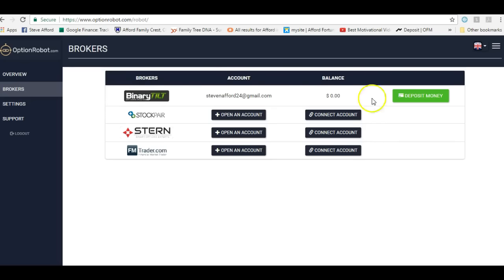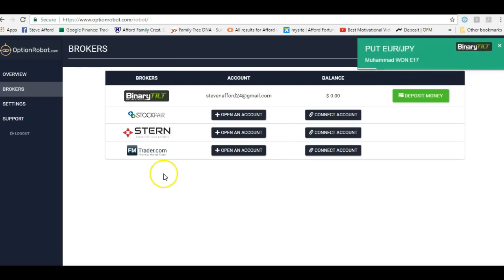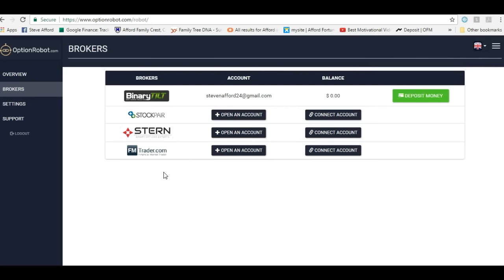Wherever you are, you might have different selections, so don't be bothered too much about it. That's just how the regulations are in each country, and Option Robot can only provide the brokers that are available in your country. They're not going to provide any other brokers, and it's a waste of time trying to sign in and finding your country is not recognized. But anyway, back to settings.